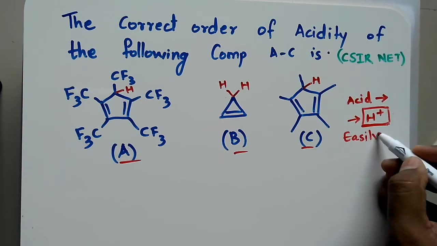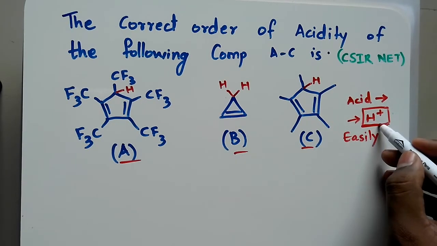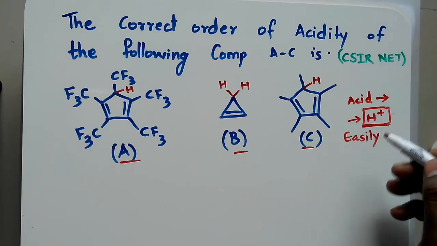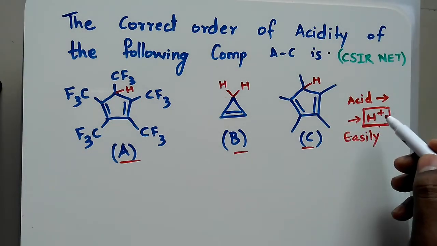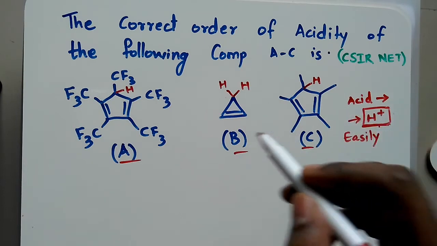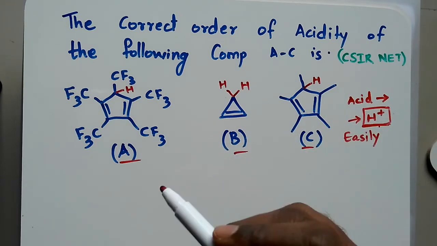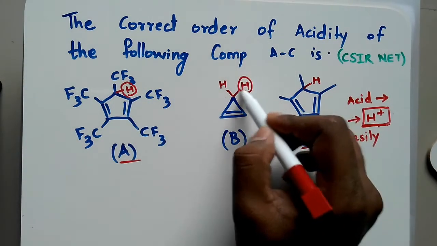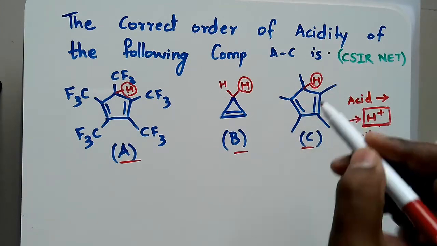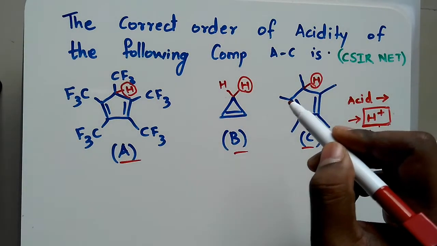That is more acidic. If it gives H plus ions easily in the water, that is more acidic. Which one is difficult in giving the H plus, that will be less acidic. Now among these three hydrogens, which is given easily as H plus in the water, that will be more acidic.